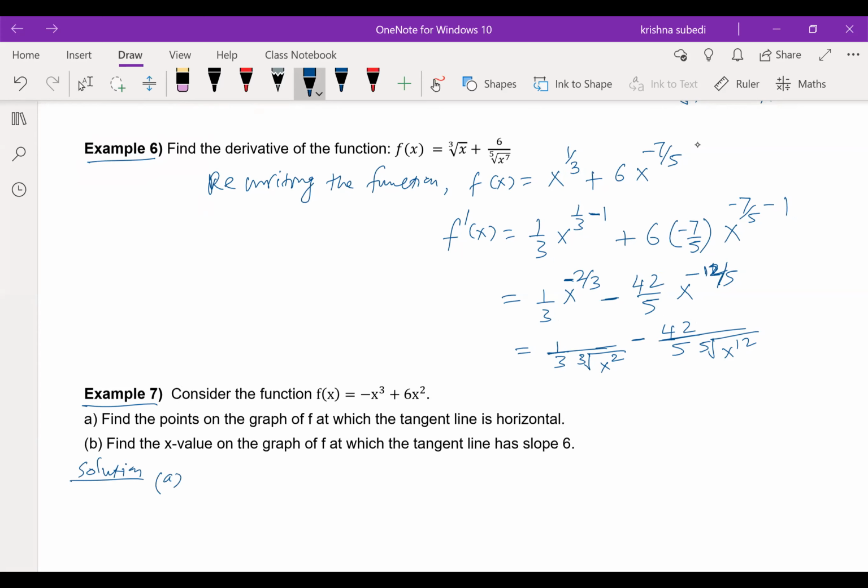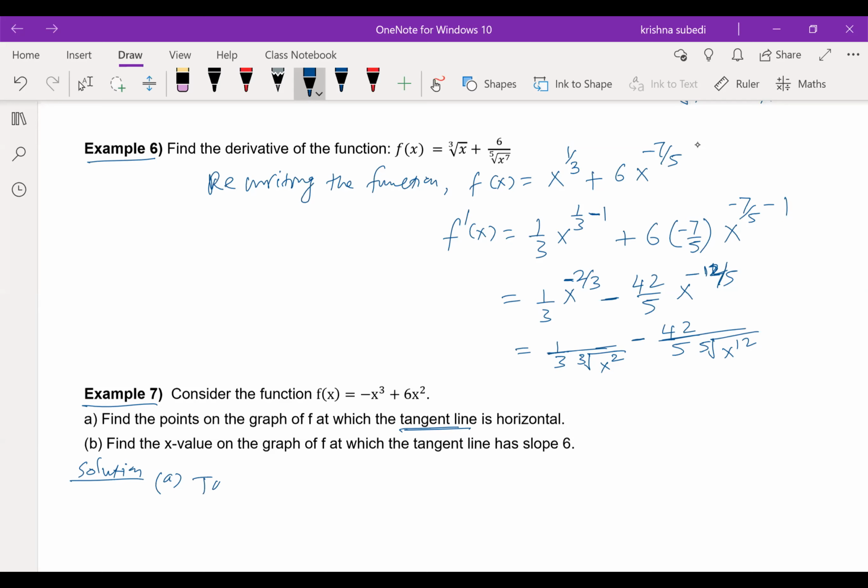So find the point on the graph of f at which the tangent line is horizontal. What does that mean? Tangent line is horizontal. That means the slope of the tangent line is 0.